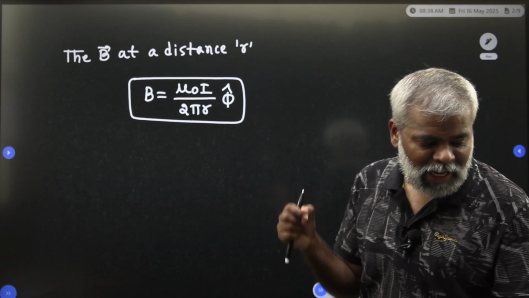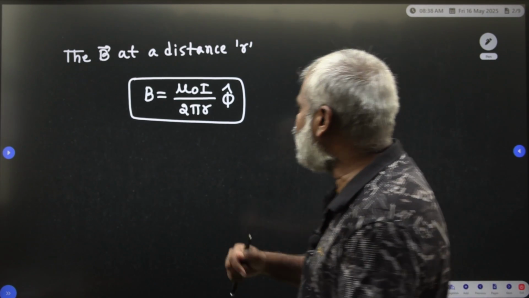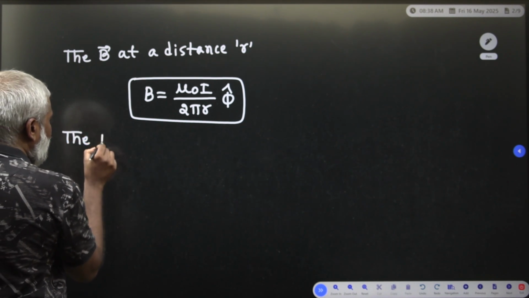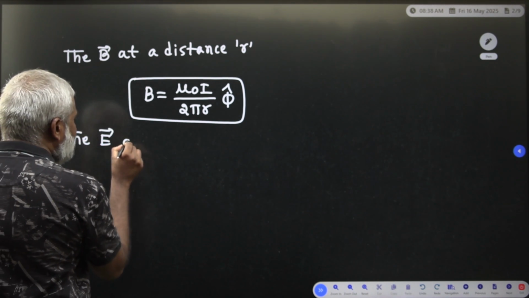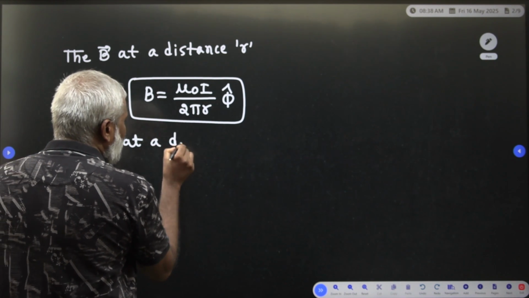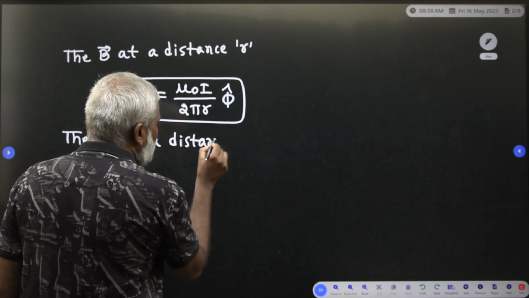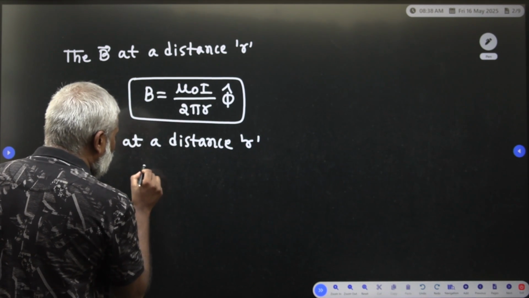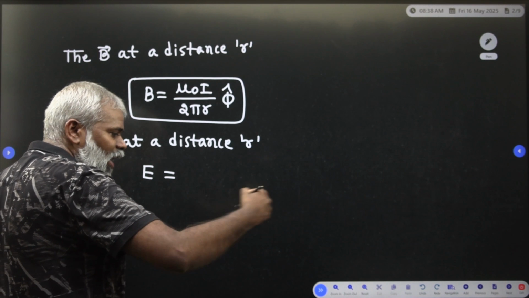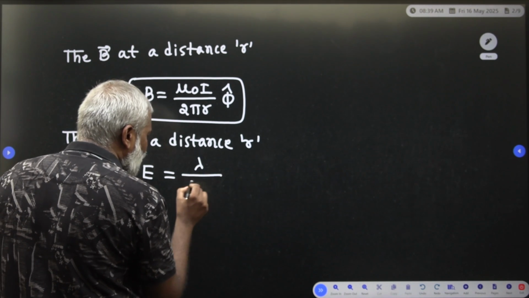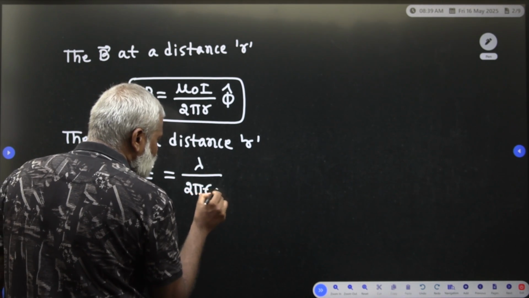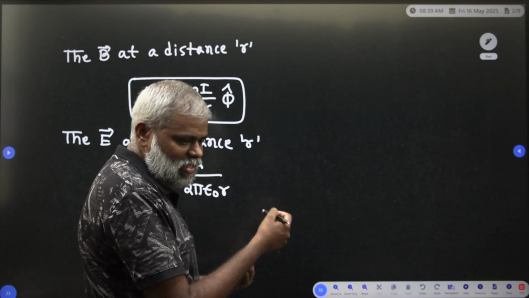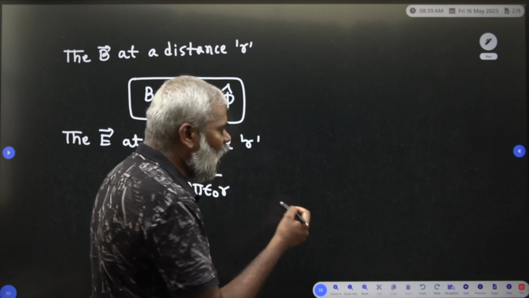The electric field at a distance r, for an infinite wire, is lambda divided by 2 pi epsilon naught r, in the r cap direction.